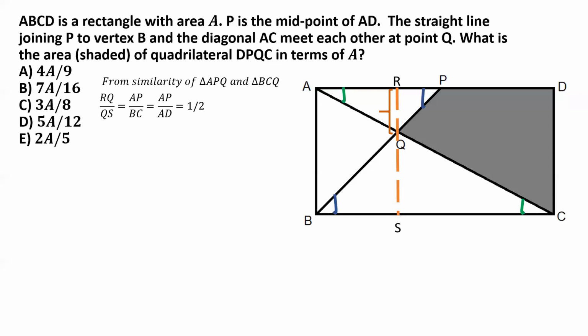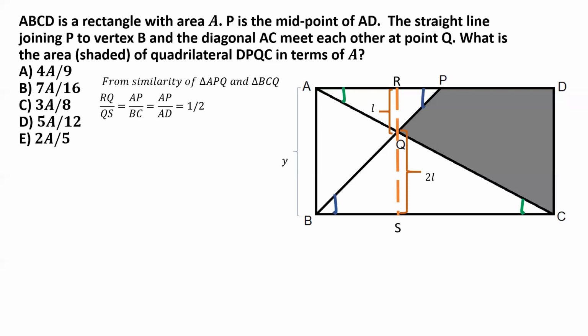So let's denote the length of RQ by L. That will make the length QS, the altitude of the triangle BQC, equal to 2L, because the ratio of RQ and QS is half. So if RQ is L, then QS will be equal to 2L.